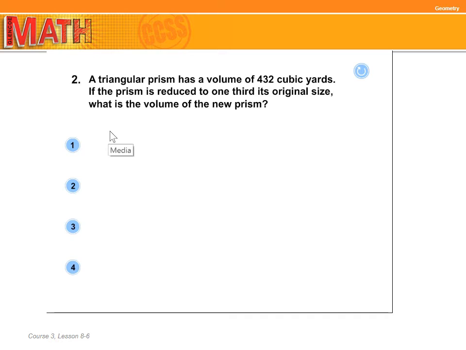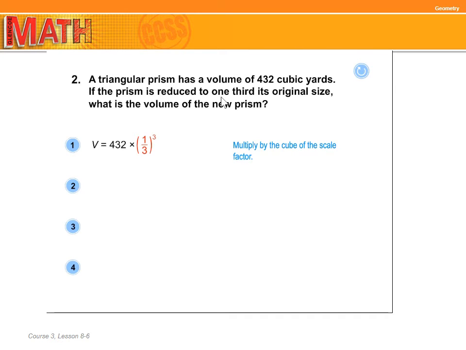Example number 2. A triangular prism has a volume of 432 cubic yards. If the prism is reduced, which means it's going to get smaller, to 1/3 of its original size, what is the volume of the new prism? So we're going to take the volume, 432 of prism A, times the scale.